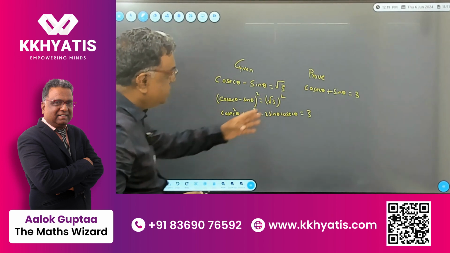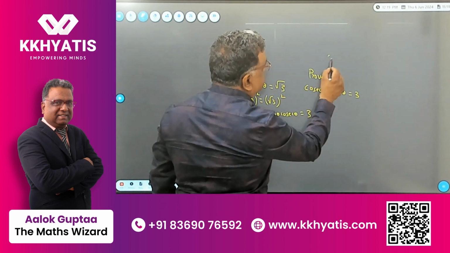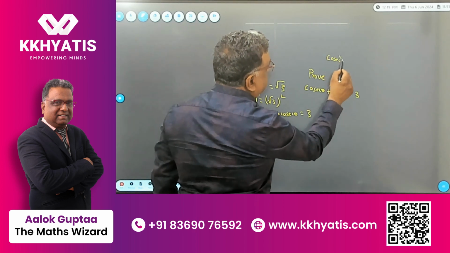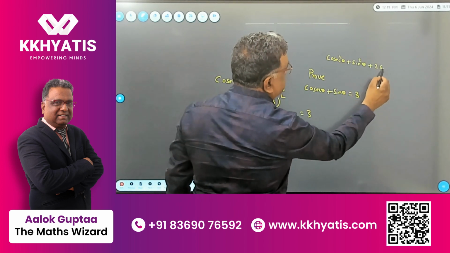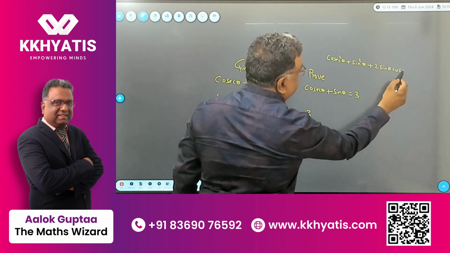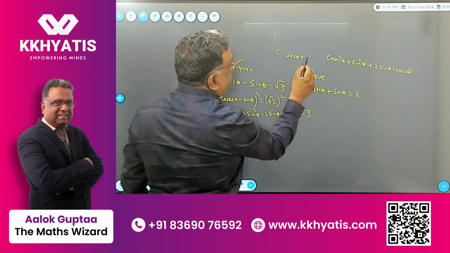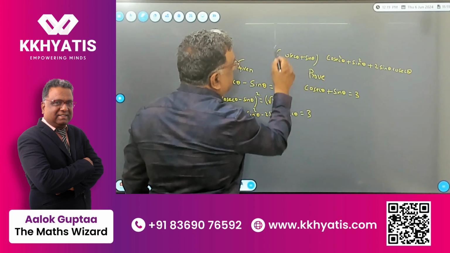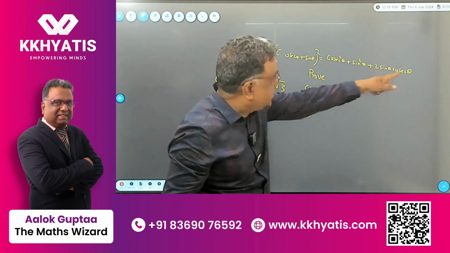Now you just imagine, how will I get cosec theta plus sin theta? What is the square of this? It will be cosec square theta plus sin square theta plus 2 sin theta cosec theta. This is the square of cosec theta plus sin theta the whole square. But for that I need plus 2 sin theta cosec theta.